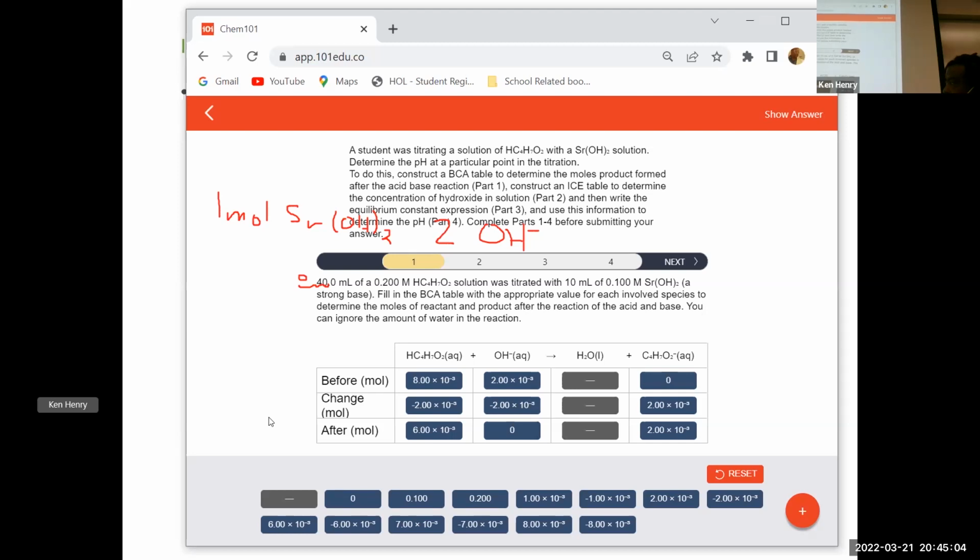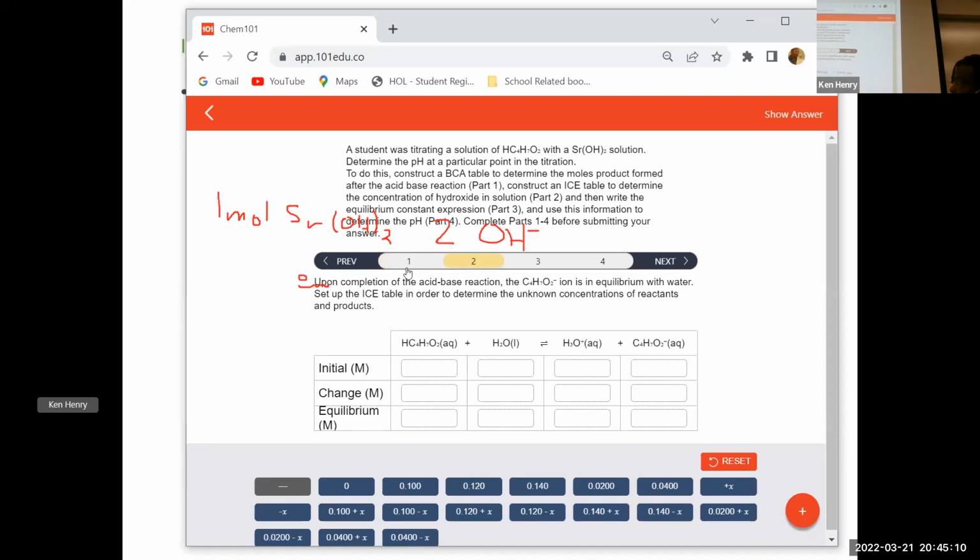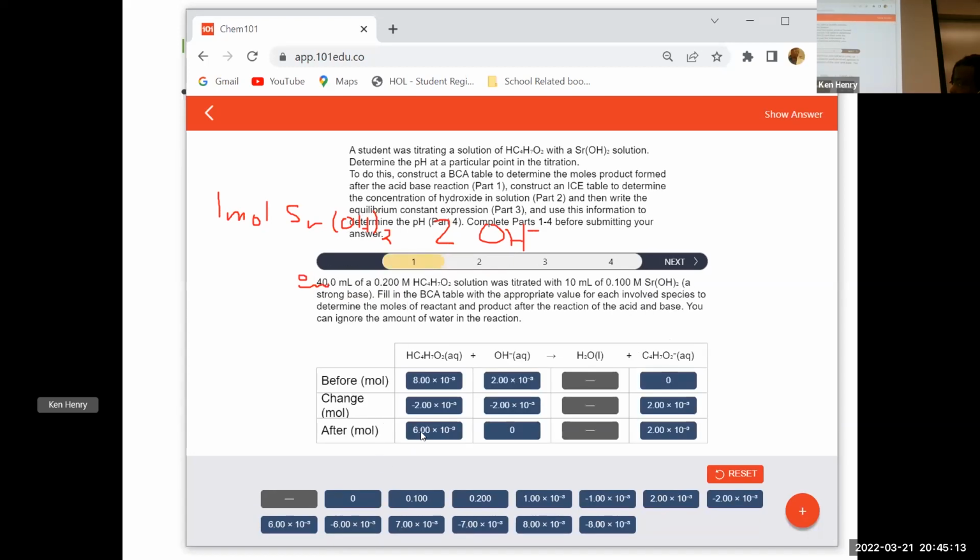That's right. So you guys have to do the math. So it would be 6.00 times 10 to the minus 3 divided by 0.05. Yep.